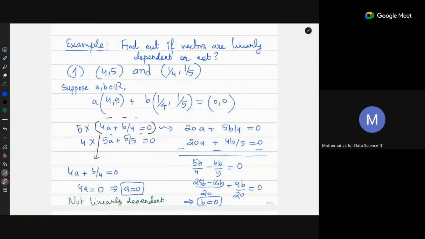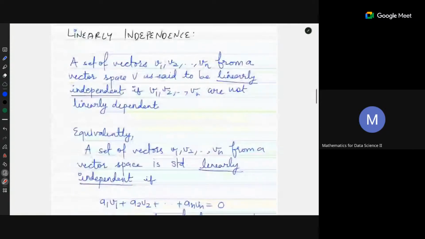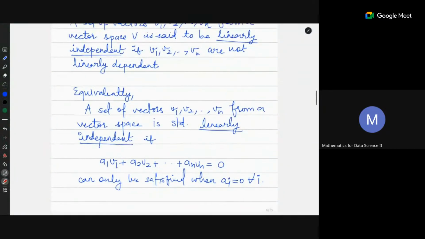So from this, one can also write down an equivalent definition of linear independence in terms of the linear combination. Suppose you have a set of vectors v1 to vn from a vector space. These vectors are called linearly independent if their linear combination equal to 0 satisfies only one solution, that all of the scalar coefficients are 0.